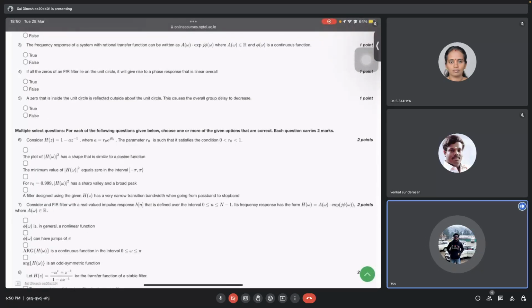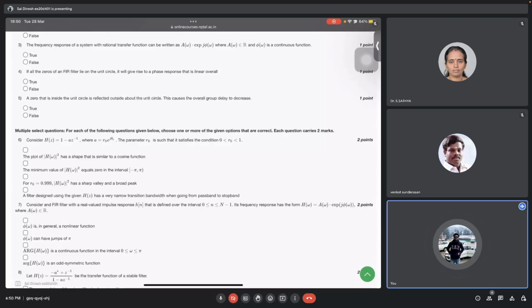The plot of |H(e^{j omega})|^2 has a shape that is similar to a cosine function. Is that true? And then the minimum value of |H(e^{j omega})|^2, the squared magnitude response, is in the interval minus pi to pi. And if r naught equal to 0.999, that is, tending to 1, does it have a sharp valley and a broad peak?